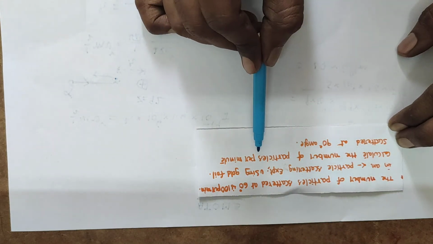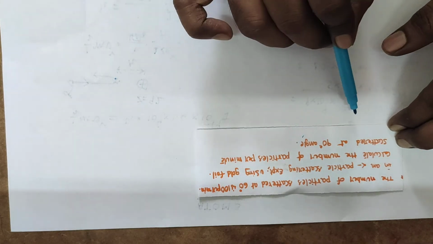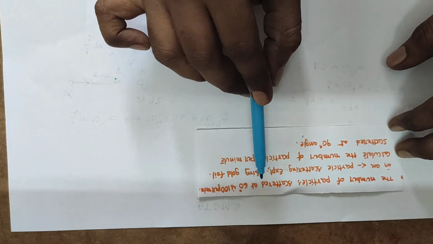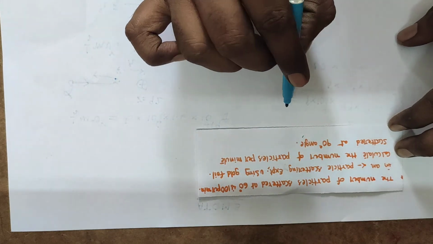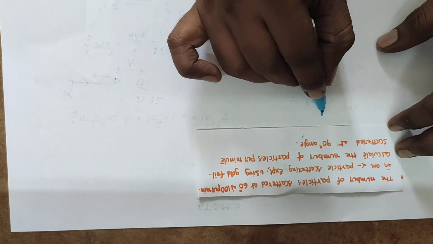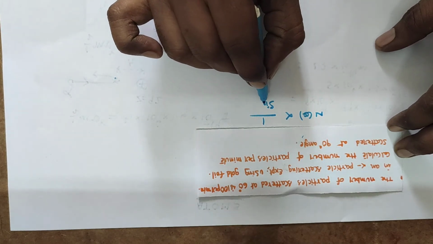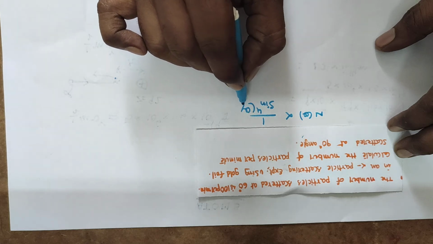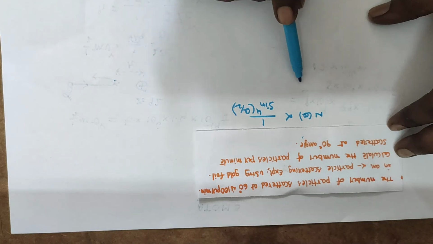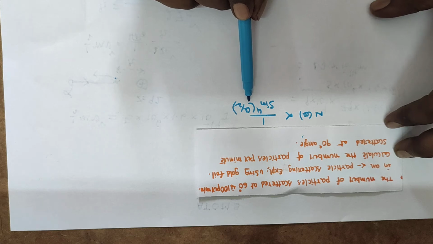Calculate the number of alpha particles per minute scattered at 90 degrees. So here they are given scattering of alpha particles at two different angles. Here you see this is the relation. This is the relation between the number of scattered particles and the scattering angle theta.